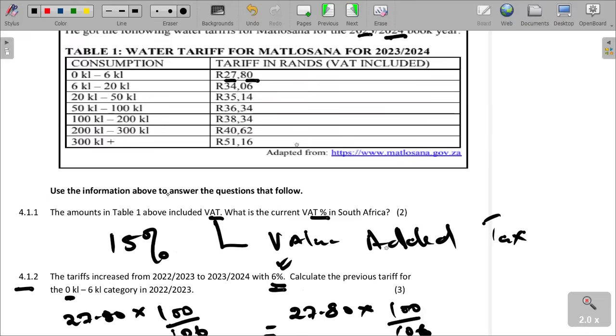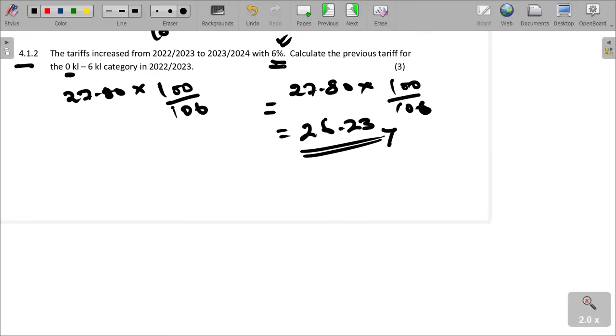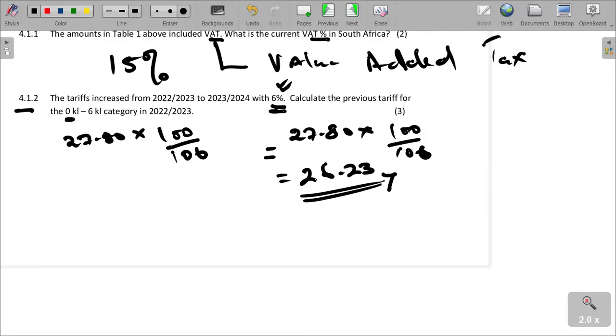This is the current one, 2023-2024, but the previous one is the one we want. So it has increased by 6%, so we calculate by multiplying by 100 over 106, and we get 26.23.